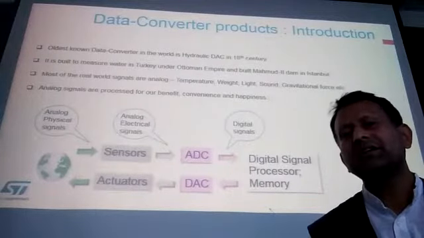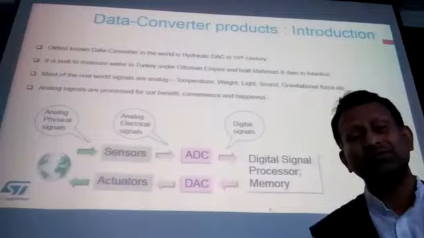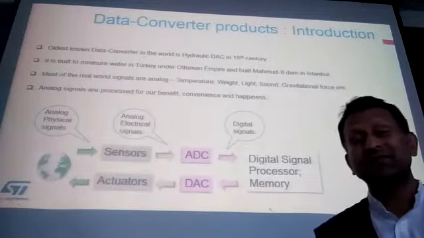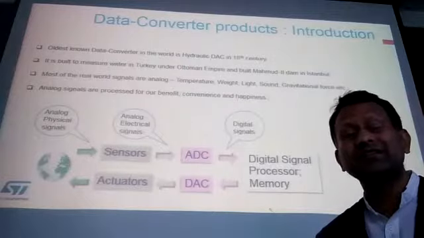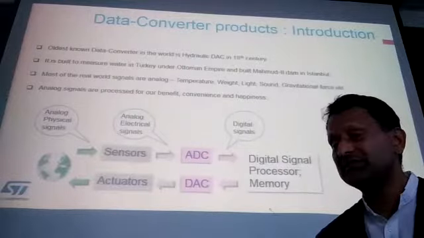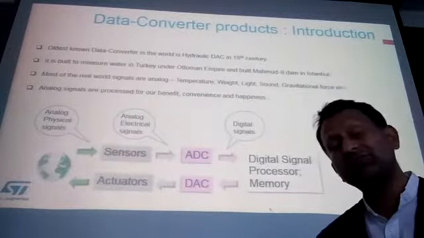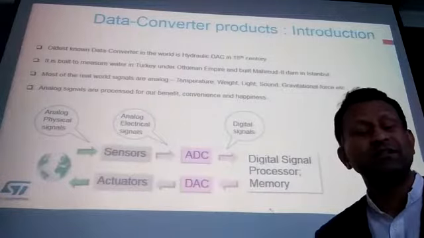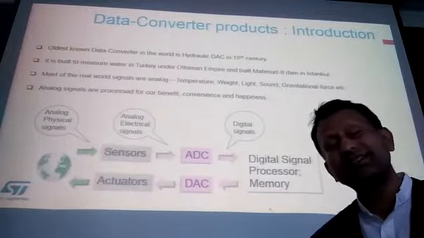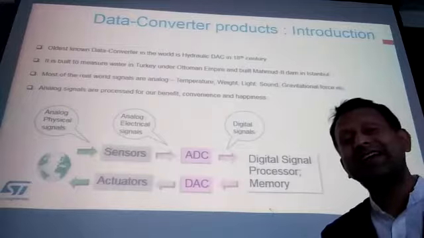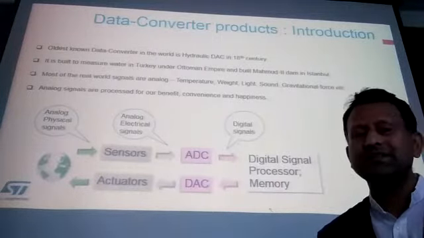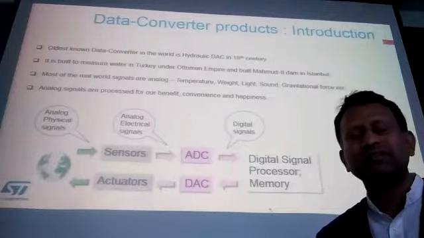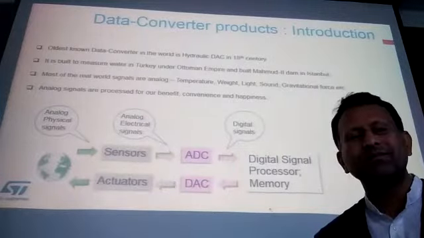We have some physical analog signals there, like sound, weight, light, gravitational force, etc. If we want to use these analog physical signals for our benefit, we have to process them, because what is naturally available is not good. We can improve a lot.